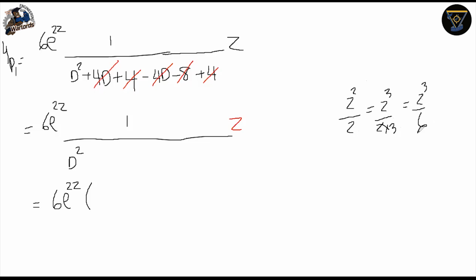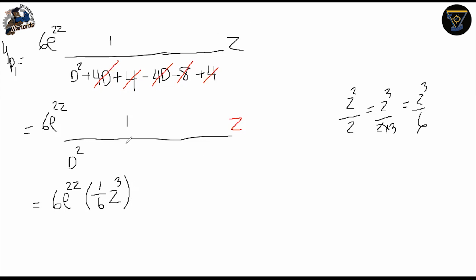Everybody get that one, right? So all you do is integrate z 2 times. It's going to be z squared over 2, so you add a 1 and then divide by whatever the power is. Then you integrate it again and you get 1 over 6 z cubed. So here you're going to have 1 over 6 z cubed.